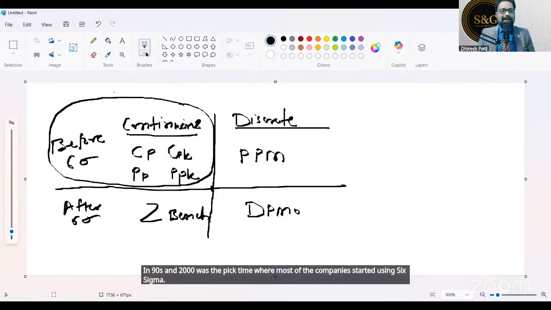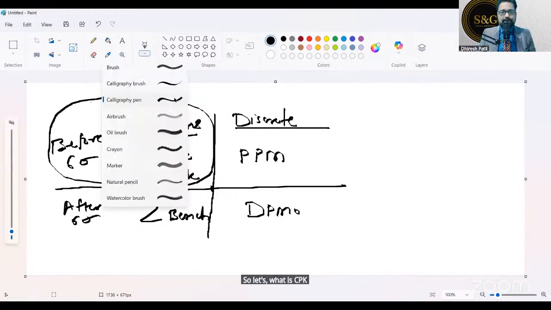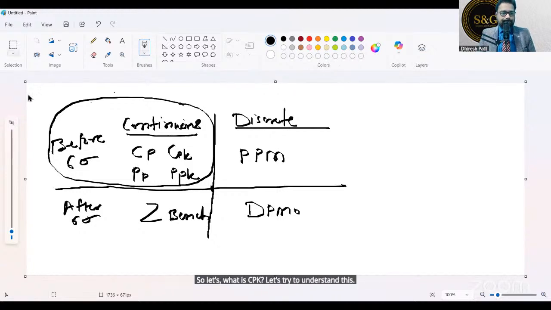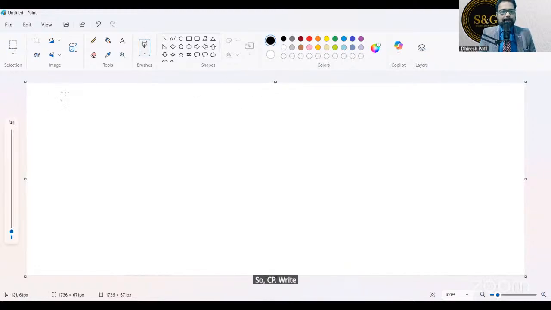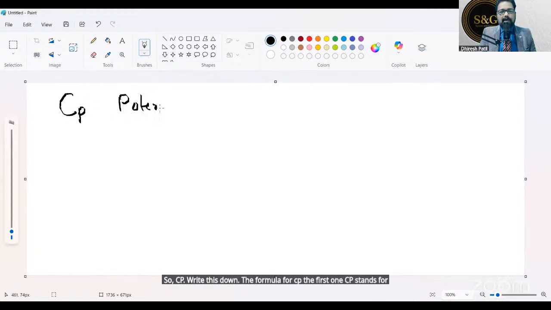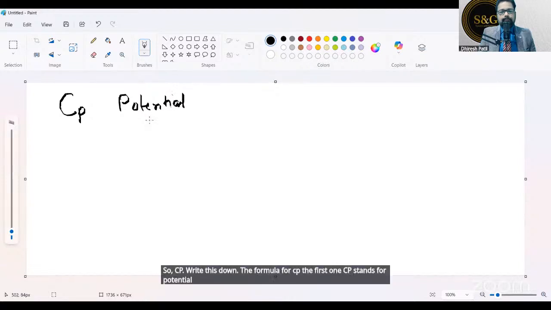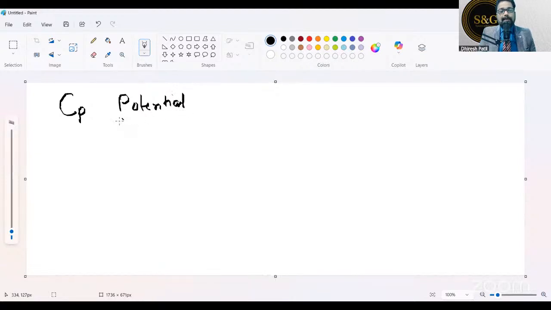Let's move ahead. So what is CP? Let's try to understand this. So CP, write this down. The formula for CP, the first one. CP stands for potential process capability. Write this down.